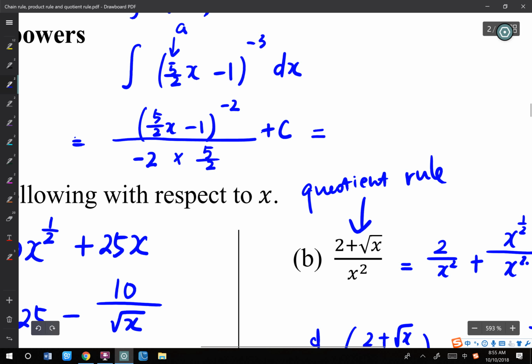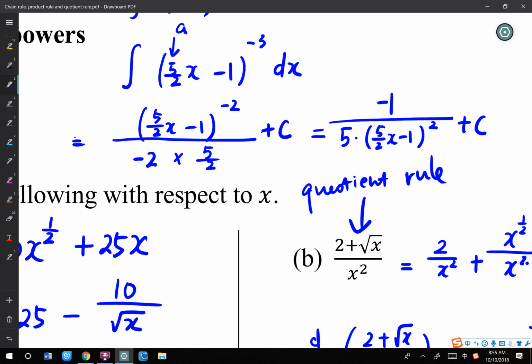So what I have here is 1 over minus 1, because the denominator is a minus, minus 1, 5 times 5 over 2, (2x minus 1) to the power of 2, plus c. Okay, that's the antidiff. Very easy, but just remember there's one more step, which is to divide by the coefficient of a. That's a lot of year 12 always forget. Very, very important rule here.